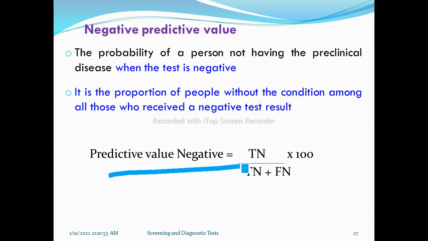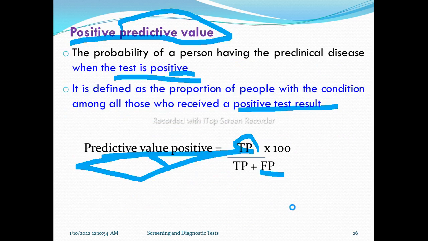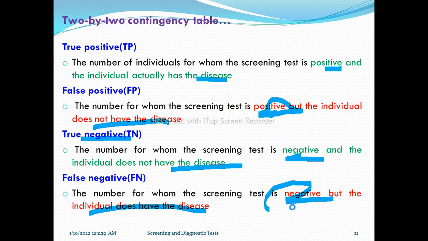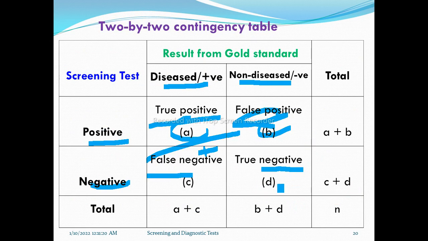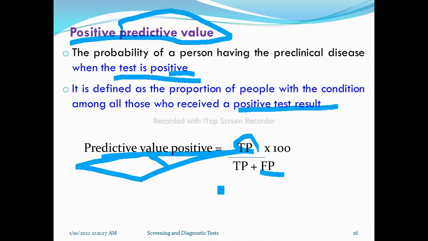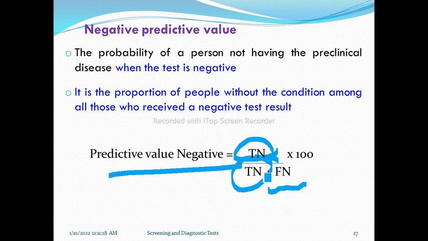When we see negative predictive value, it is true negative over true negative plus false negative, which means D over D plus C, times 100.